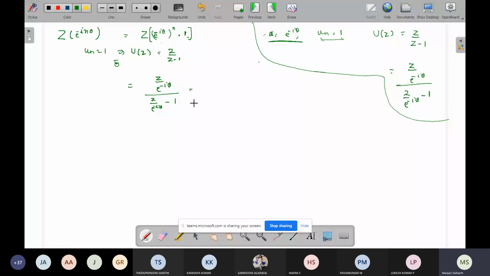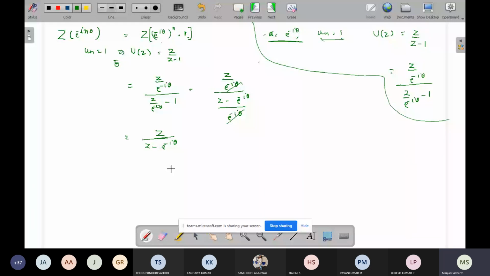Okay, now z over e power minus i theta, z minus e power minus i theta, LCM. That means we get, so this is the complex number in denominator.